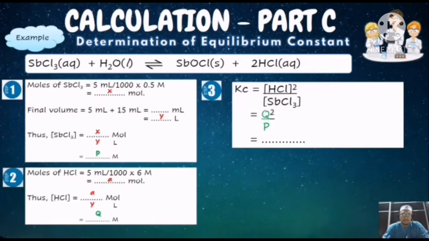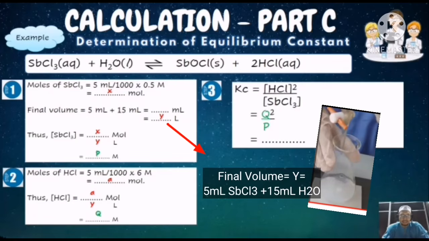Calculation part C. Determination of equilibrium constant. By referring to the balanced equation, calculate the mole of antimony trichloride: 5 ml divided by 1000 times 0.5 molar, and we will get X mole of antimony trichloride.